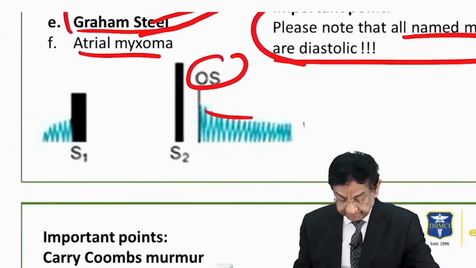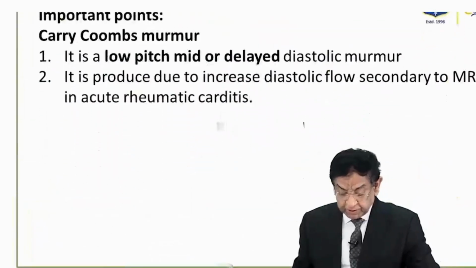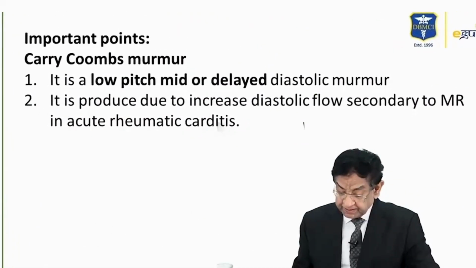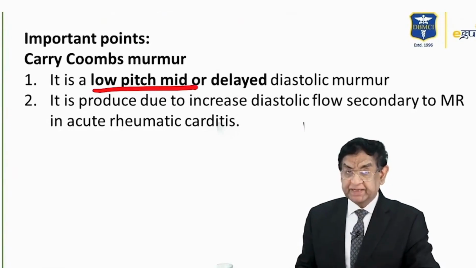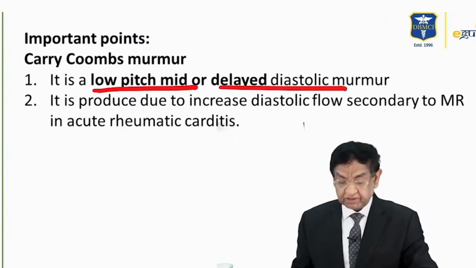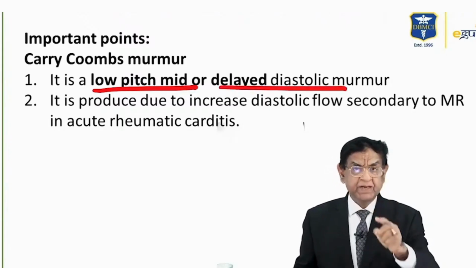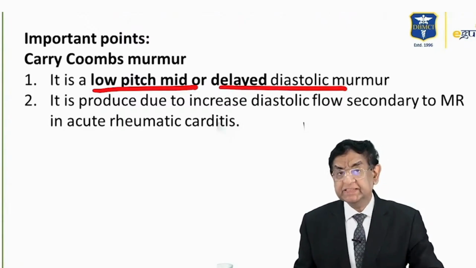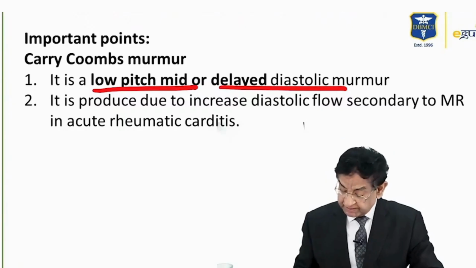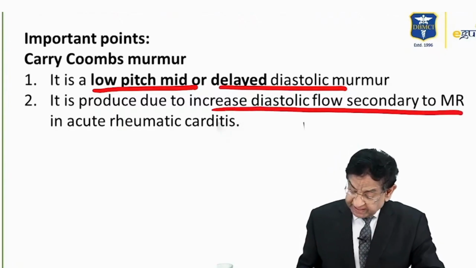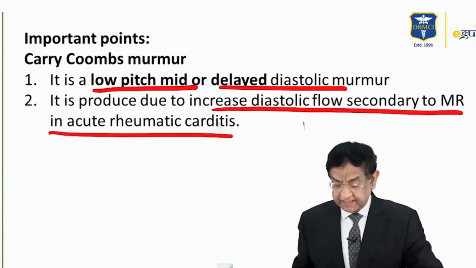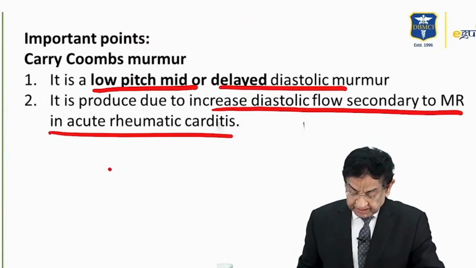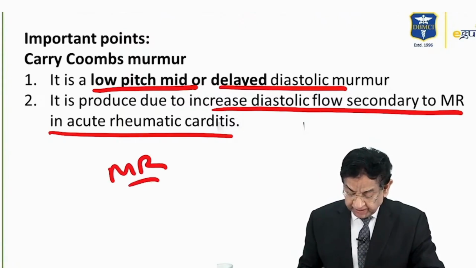You are getting a type of mid-diastolic murmur. Now let me talk about Carey-Coombs murmur. It is a low pitch mid, or sometimes delayed, diastolic murmur. The murmur of mitral stenosis is high pitch; this is low pitch, and it is due to increased diastolic flow secondary to MR in acute rheumatic carditis. We know very well that in acute rheumatic fever, MR is a very common finding.